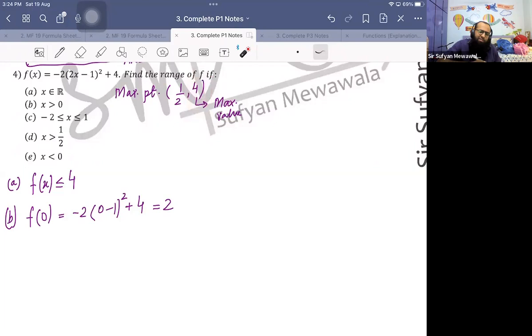So the answer will be yes, this will be considered. Apart from 2, this 4 will also be considered for giving the range. Why? Because the corresponding x coordinate is half, and half is included in the domain x is greater than 0. So if 1 upon 2 is included in the domain, 4 will be included in the range.